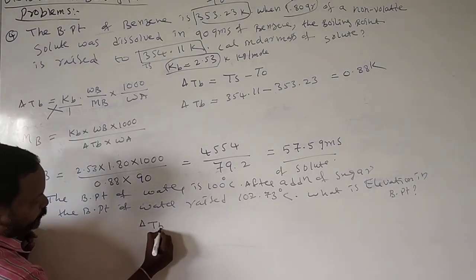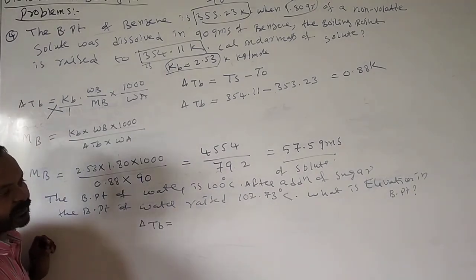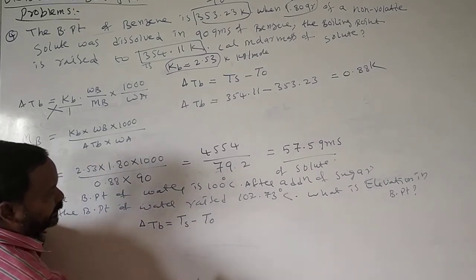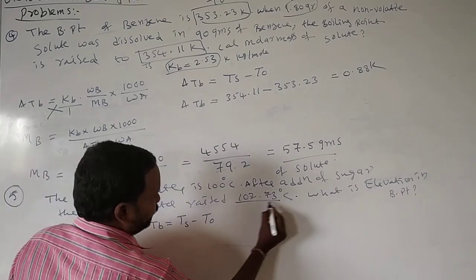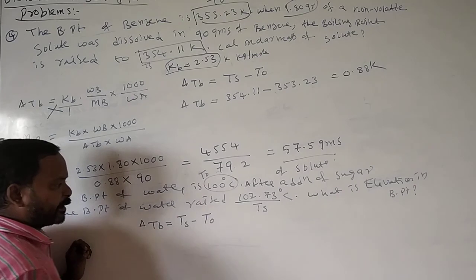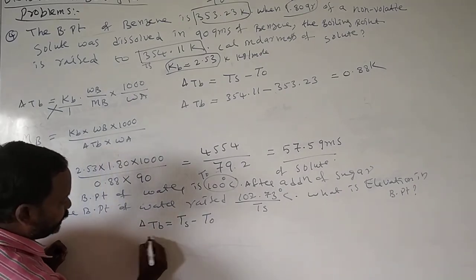What is the principle for elevation in boiling point? ΔTb is equal to Ts minus T0. This is after, this is Ts. This is before, T0. What is the value?